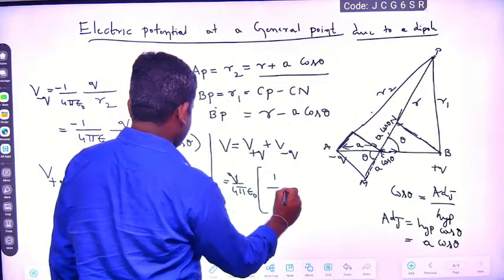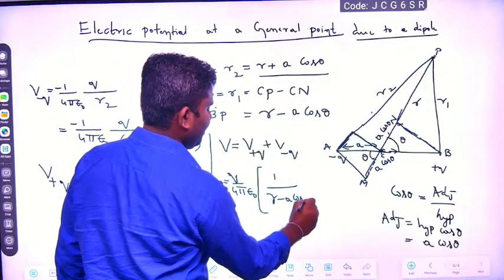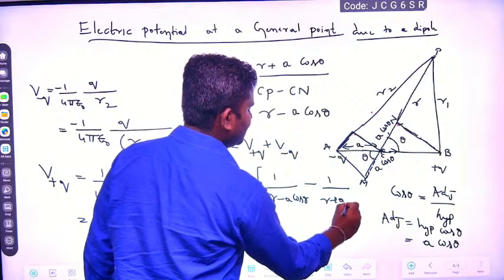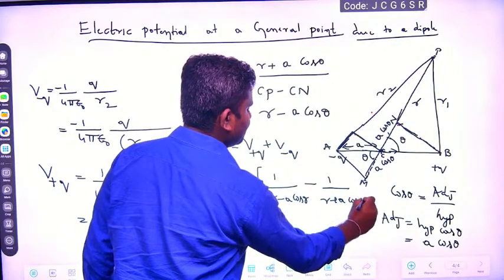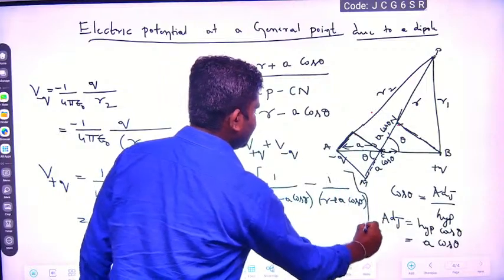So 1 by R minus A cos theta minus 1 by R plus A cos theta, that's it. Just do the simplification, you will get the answer.